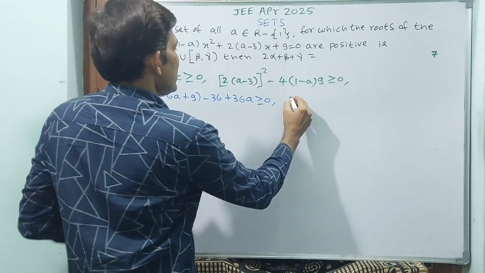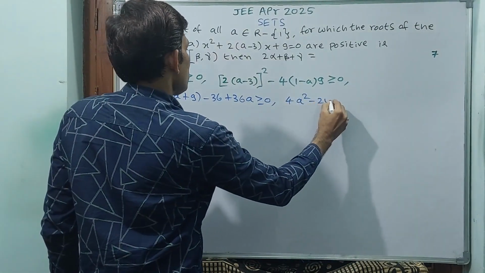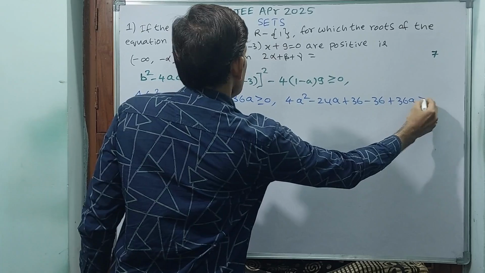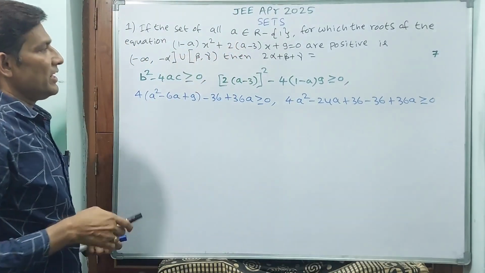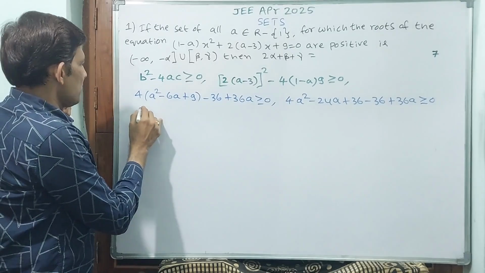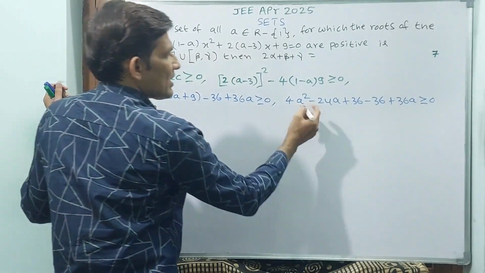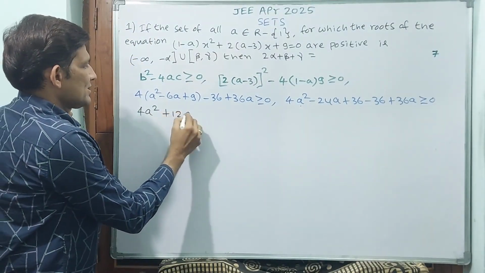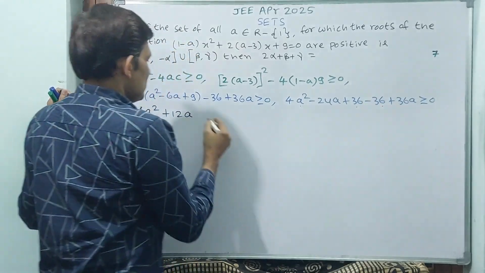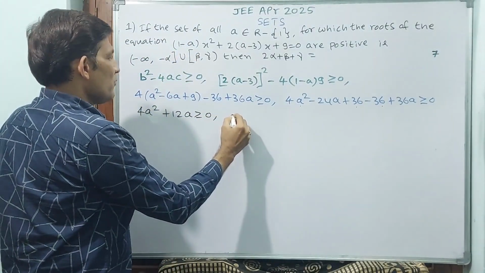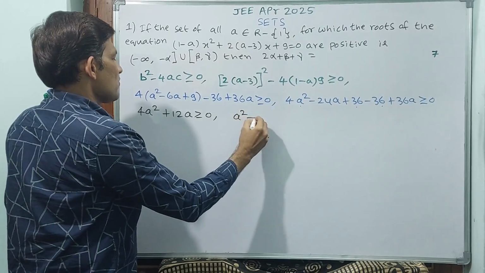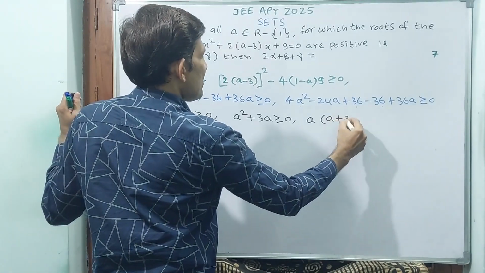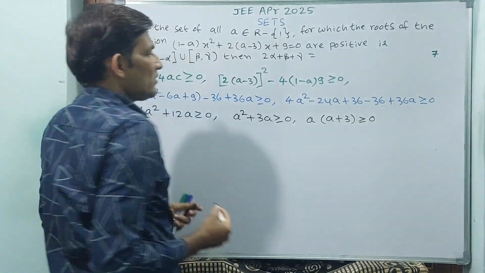That means 4a square minus 24a plus 36 minus 36 plus 36a should be greater than or equal to 0. 4a square you keep like this only, because a square has no other term. Minus 24a plus 36a is plus 12a. These two, 36 and minus 36, get cancelled out. Then if you take 4 common and send it to that side, a square plus 3a should be greater than or equal to 0. I also take a common: a(a plus 3) should be greater than or equal to 0.